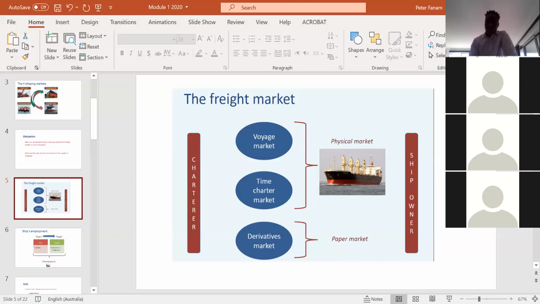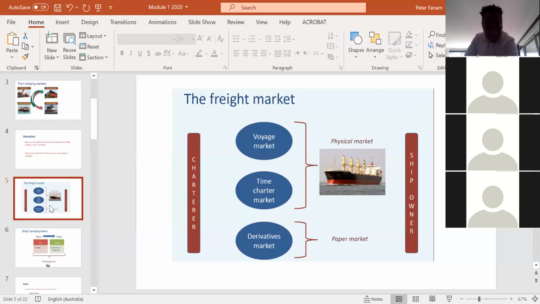So for the ship owners and the charterers or the cargo owners to protect themselves against this, they come into an agreement to hedge the freight. So that is what we call the derivative market. But we shall talk about this in detail in the subsequent slides to explain more about the derivative market and how it works in this context.